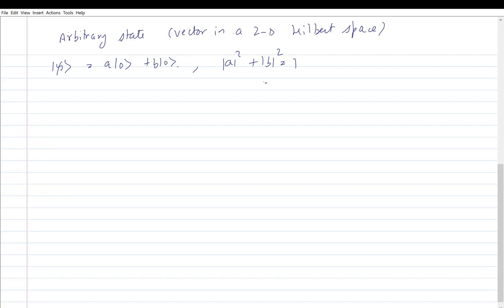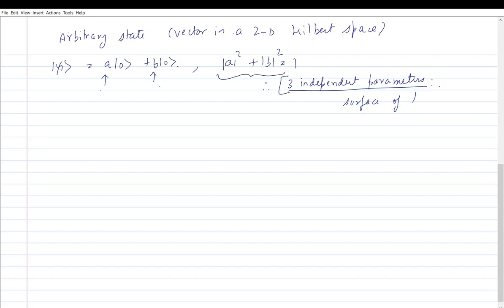So I have 3 independent parameters. Each of the two coefficients is a complex number, each of them has 2 degrees, but they are tied by a relation.